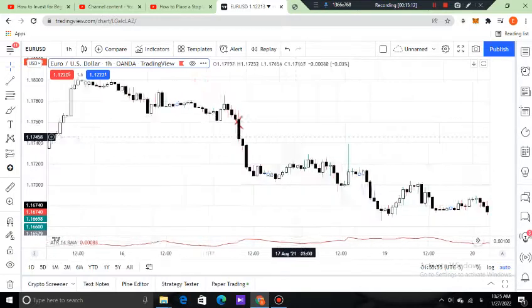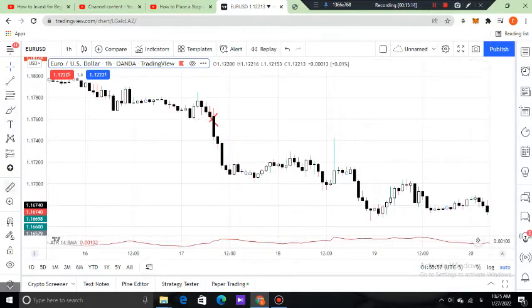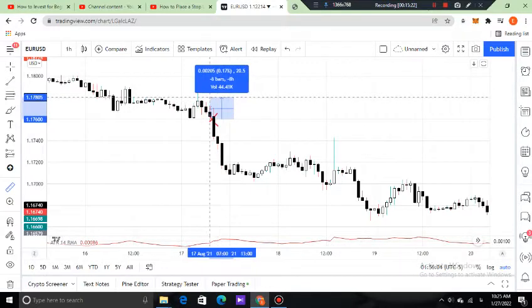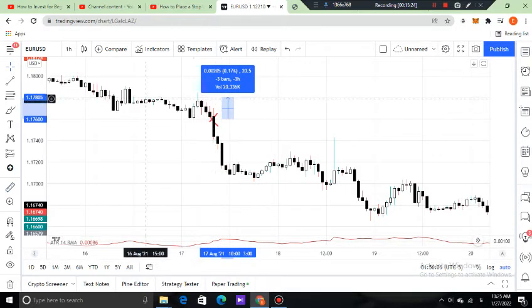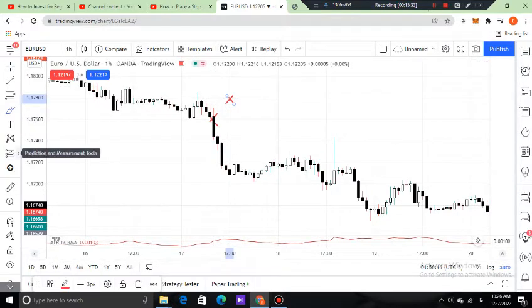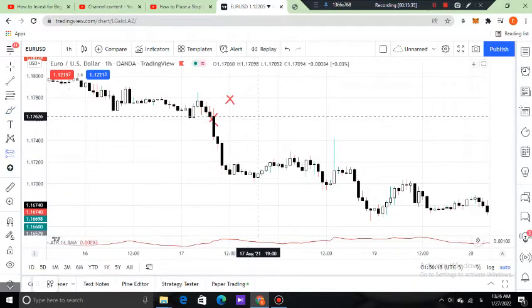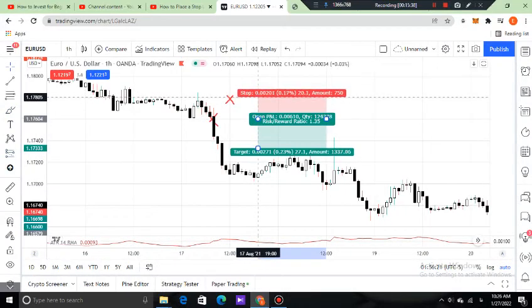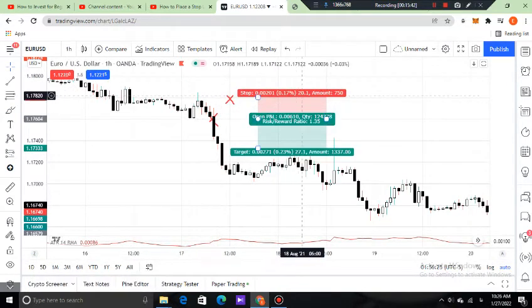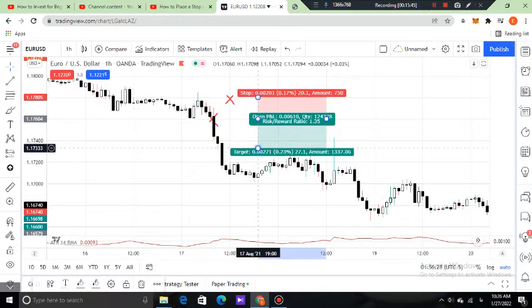As I said, you enter the position here and you say I wanna risk 20 pips, and I wanna put my stop above this level, which is 20 pips. The distance between this entry point and your stop is 20 pips. And take a short position, a little bit here. Here is 20 pips, and you take profit.